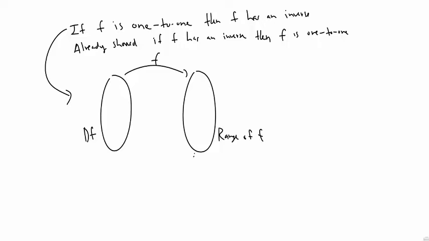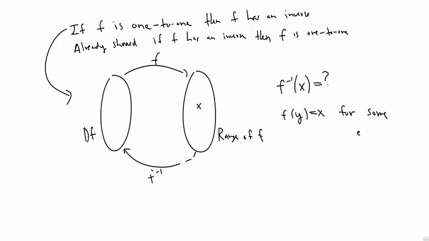And I'd like to find an inverse. What would this be? Well, x is in the range of f. So there's an element y in the domain of f with f of y equal to x.